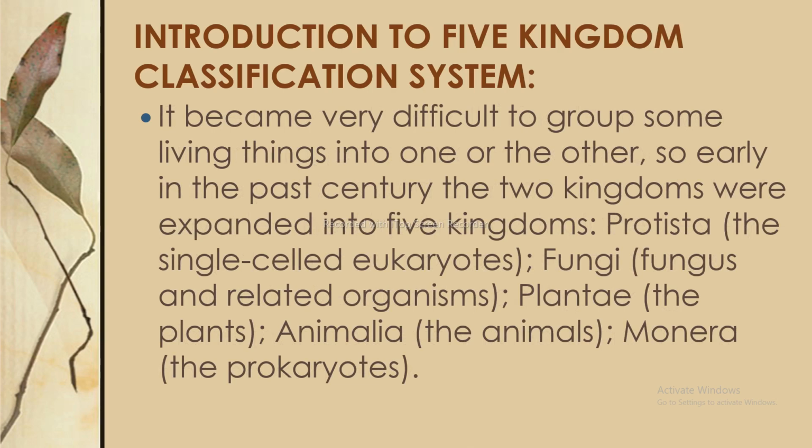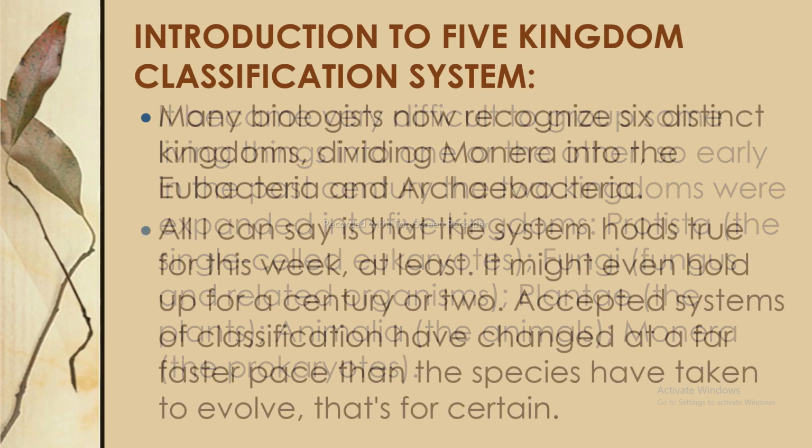So early in the past century, the 2 kingdoms were expanded into 5 kingdoms, which are Protista, the single-celled eukaryotes, Fungi, the fungus and related organisms, Plantae, the plants, Animalia, the animals, and Monera, the prokaryotes.